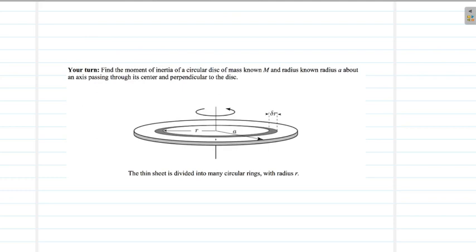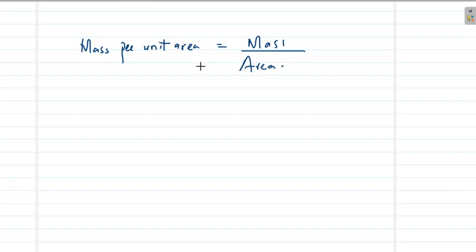Now let us look into each of these annular rings. First we define the mass per unit area of the disk, which is equal to mass by area. We define this term as sigma, which is equal to m divided by the area of the disk, which is pi r square.